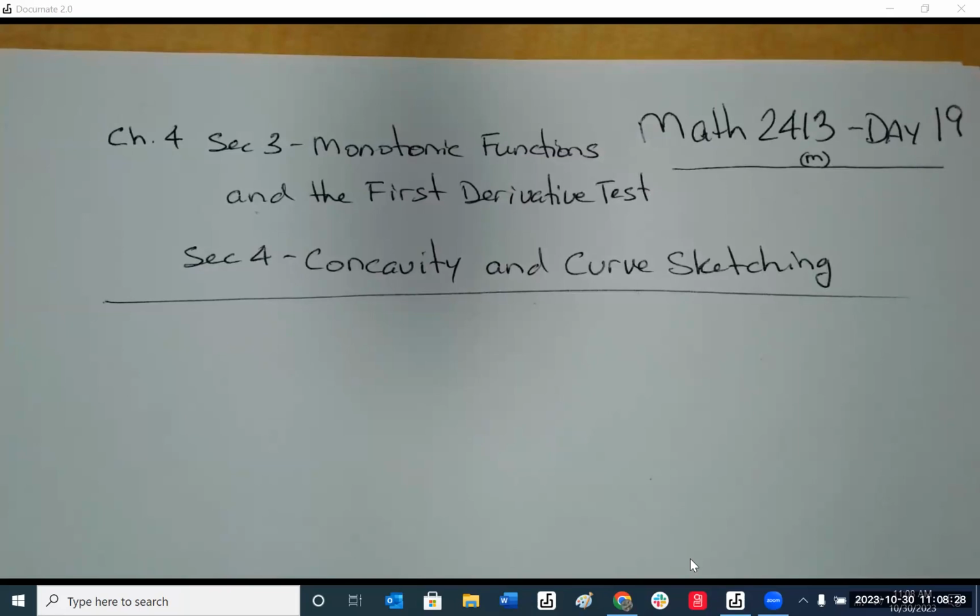Monotonic functions. What do you think monotonic functions are? Well, mono is one. So tonic, I feel like that could be a drink. Yeah, well, that's true, but maybe related to time.